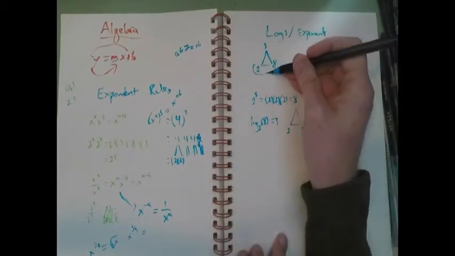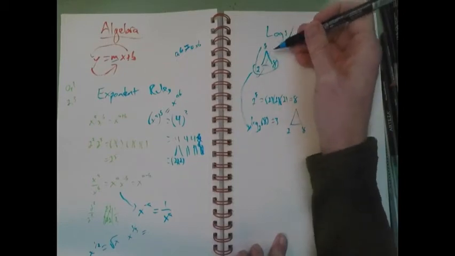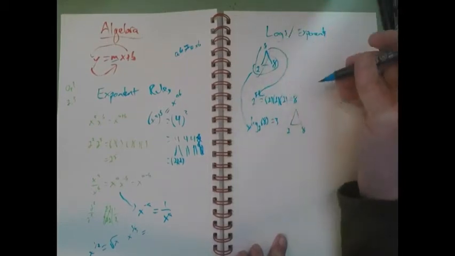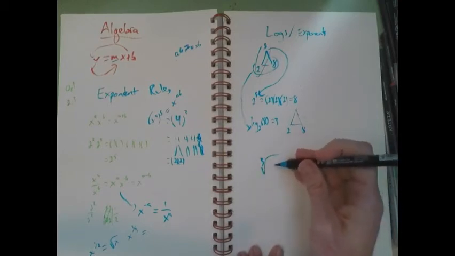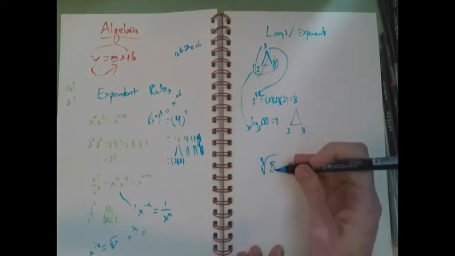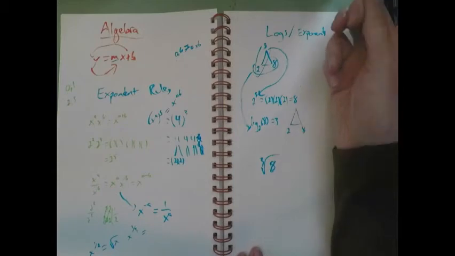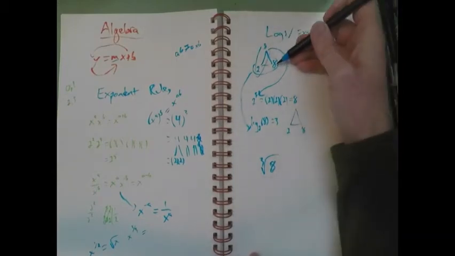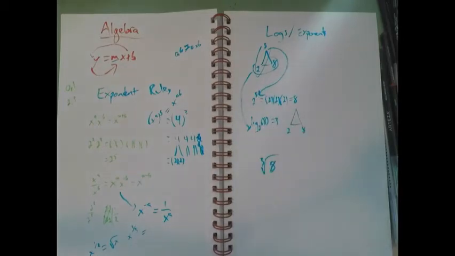So we're just using this bottom part of the triangle here, and that leaves the other part of the triangle, which is the cube root of 8, which is just saying what radical do we need to express the relationship of 3 and 8, and this radical is going to give us back that 2.